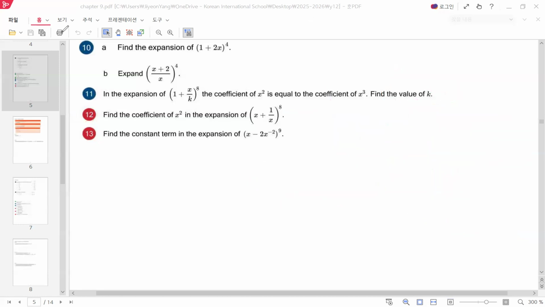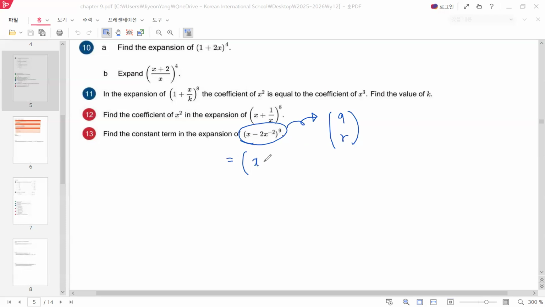Okay, students, let's go to question number 13. Find the constant term. Constant term. What does it mean, constant term? Hmm? Just a number, right? Without x. So firstly, you need to write down the general term by using the method, and we don't know this number. Write down r, students.